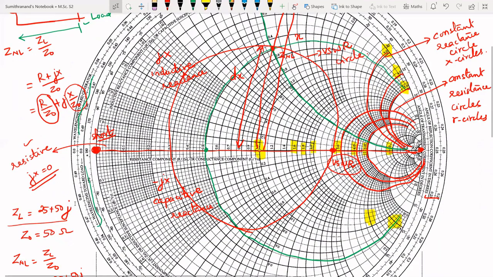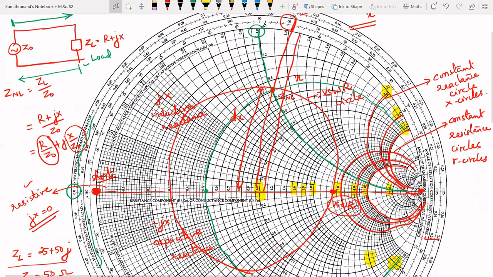Now, what are the values of that wavelength? Here the wavelength is represented as 0. Now, after completing one semicircle, as we go along this semicircle, the value is represented as 0.25. What does it mean? While completing a semicircle of the Smith chart, it will cover a length of 0.25 lambda.